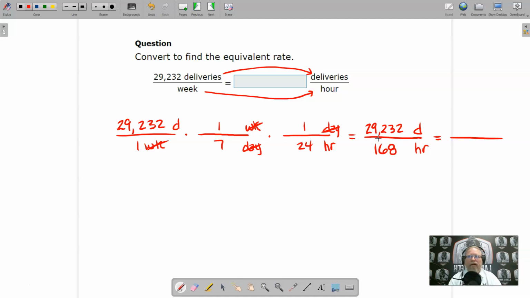All right, now I have the total for 168 hours, but I need to know for just 1 hour. So right now I have a rate, but it's not a unit rate, and I indeed need a unit rate.